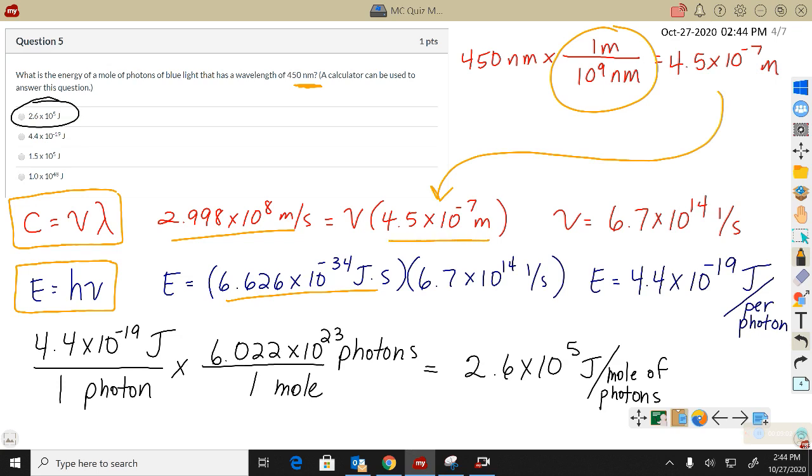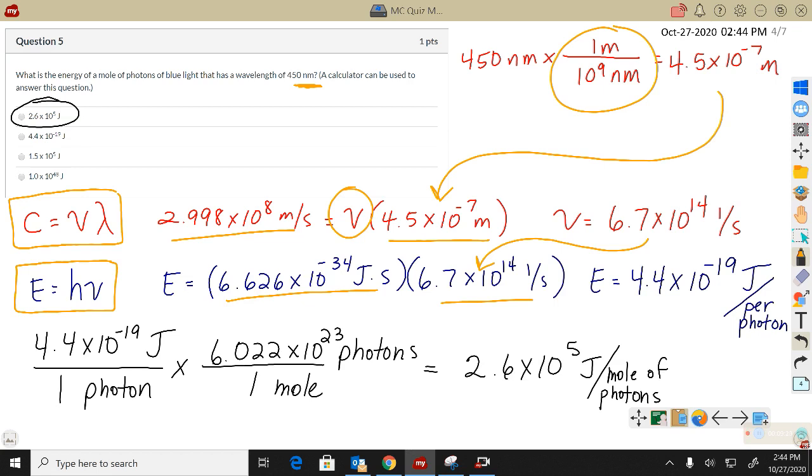So now I have the wavelength and the speed of light, I can solve for the frequency. Then once I have the frequency, I can plug that into my second equation and solve for E, energy. So you can totally see that this would be a multi-part free response.